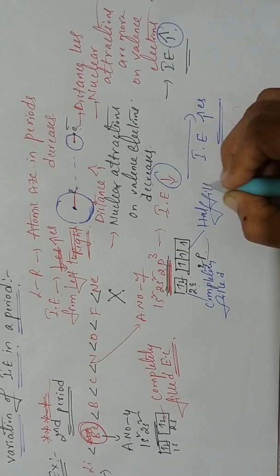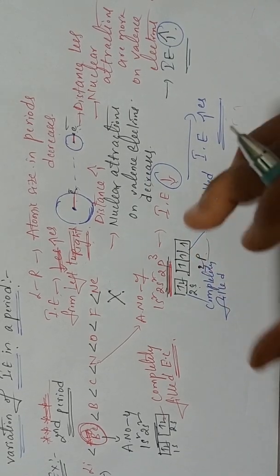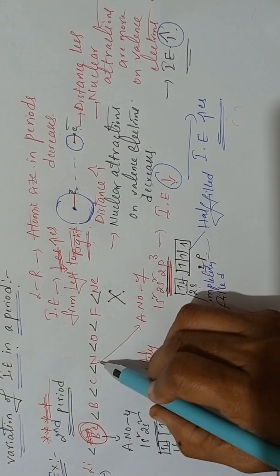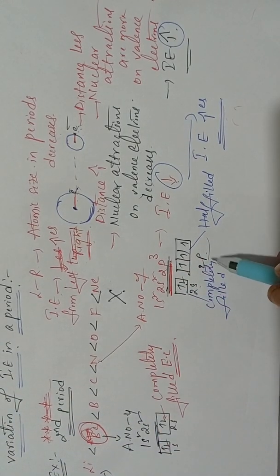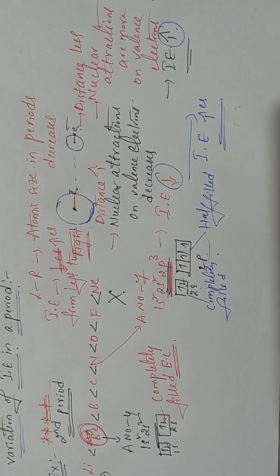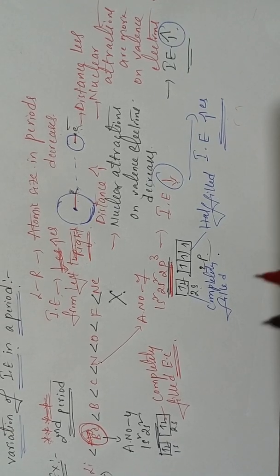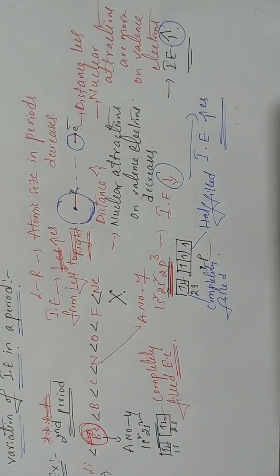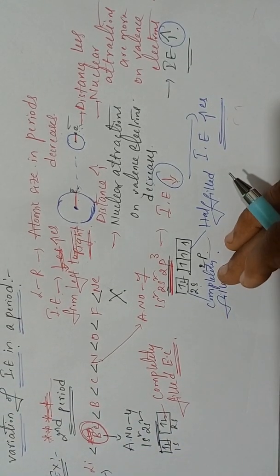We know that completely filled and half filled orbitals are more stable. So nitrogen has the more ionization energy, because it is more stable. From a stable configuration we cannot easily remove the electron, so we have to supply more energy to remove the electron, students.